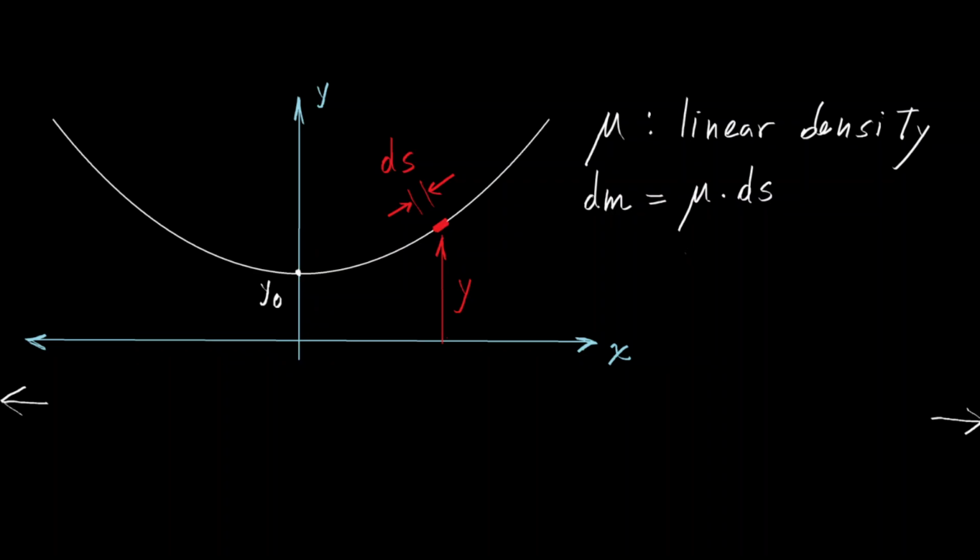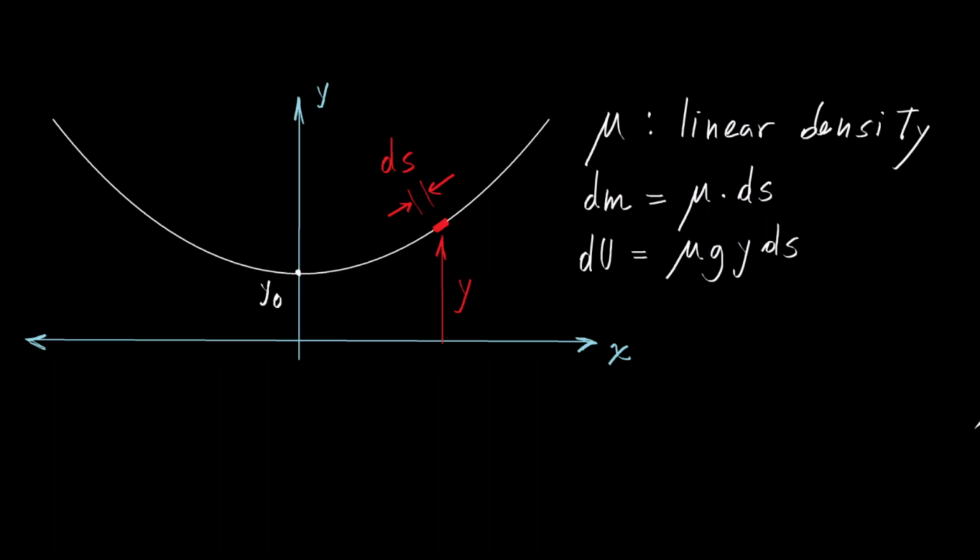We can also calculate the gravitational potential energy of this small portion, which we call dU, equal to the mass times the acceleration of gravity times the height measured from some reference point. In this case, the height is y, the vertical distance between this portion of the cable and the horizontal axis x. So we have the following expression for the potential energy of this small portion.